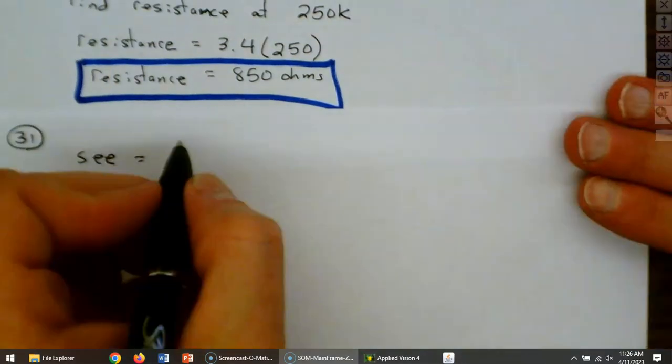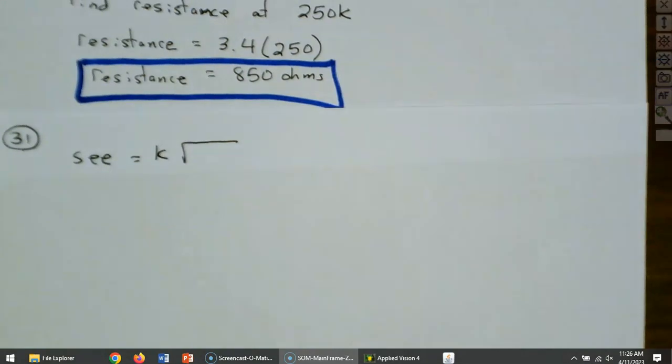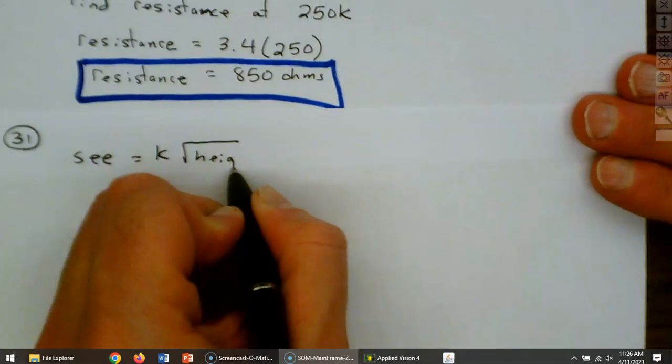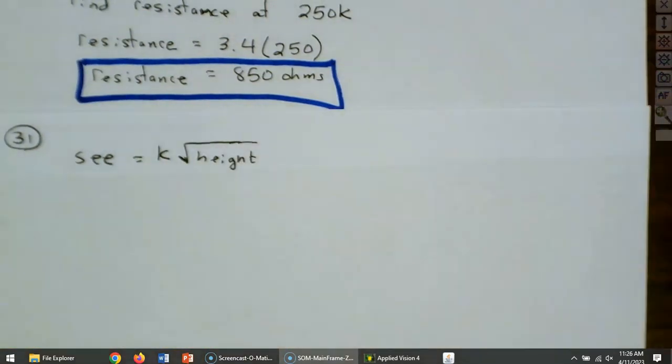Is going to equal K times the square root of the height, because it varies directly as the square root of the height. I like to use the words instead of the variables x and y, because if you start using x and y, you get really confused as to what went where. So why do that? We can write it out in words.